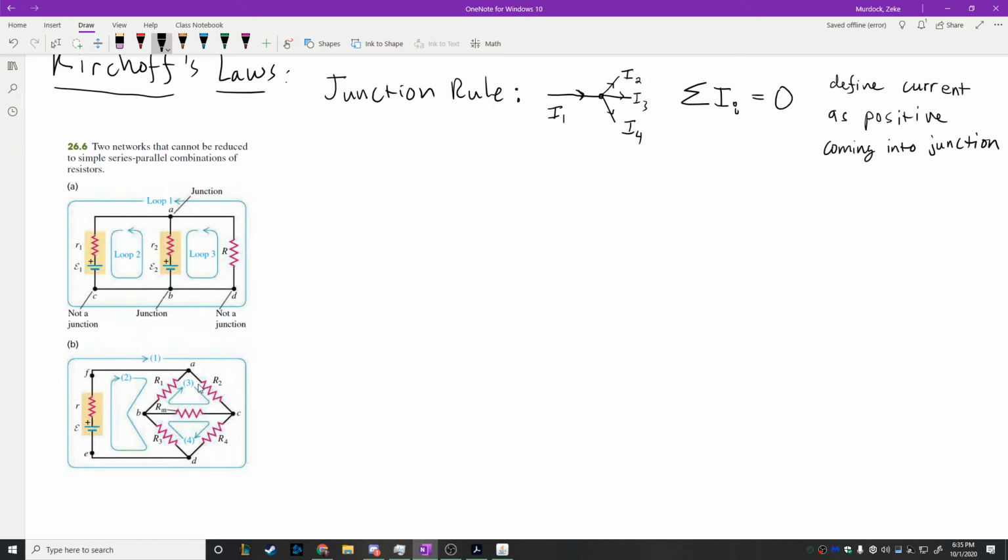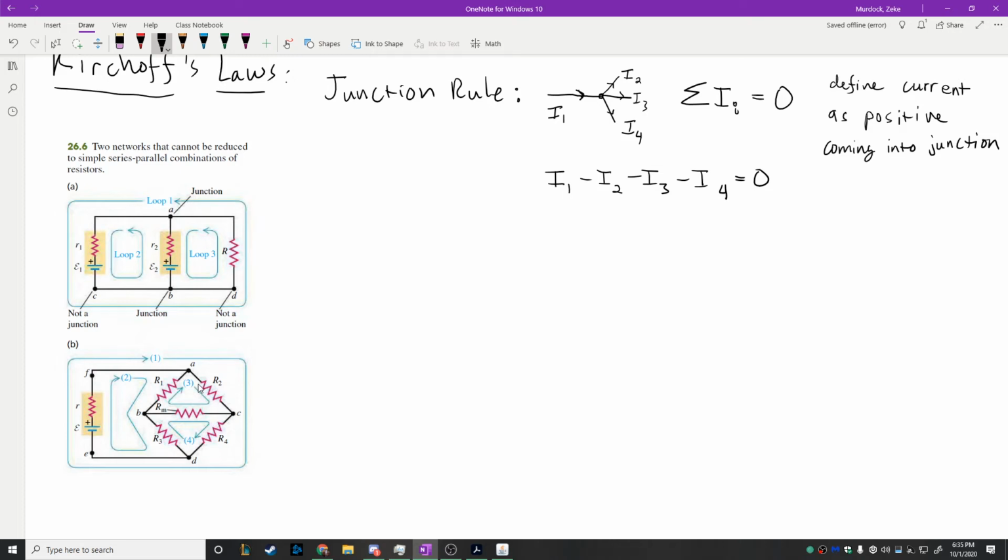Okay, so in this case, what the junction rule would tell us would be that I1, which is positive, minus I2 minus I3 minus I4 should be equal to 0. That's what the junction rule would say.